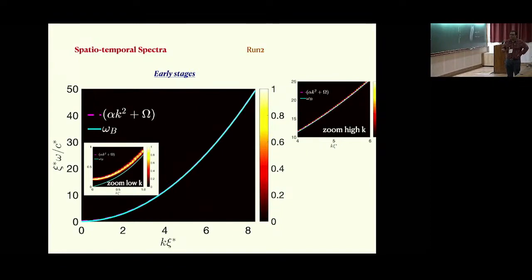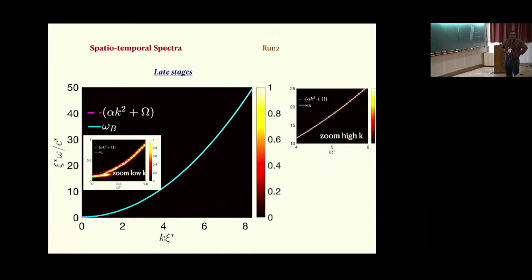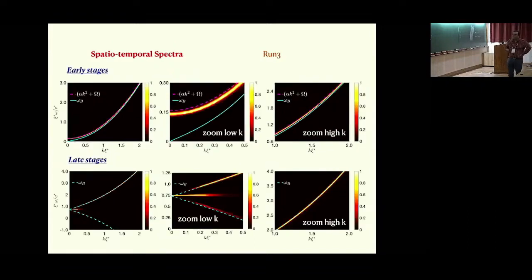I'm plotting omega versus k, the spatiotemporal spectra. Then at late stages, some condensation I can see here, which was there even in the condensate fraction.